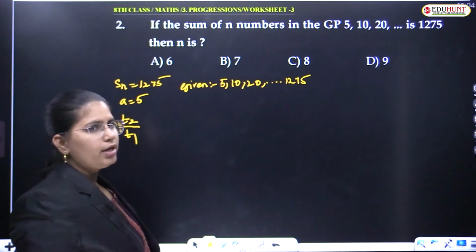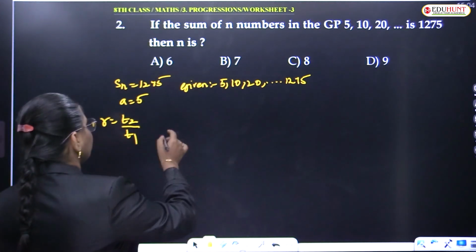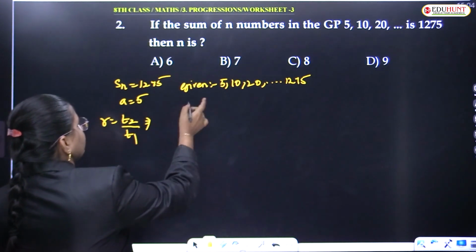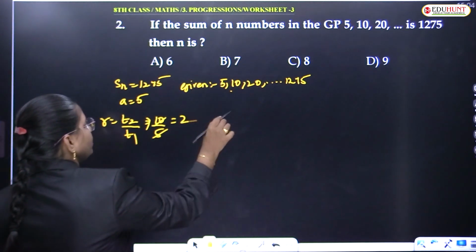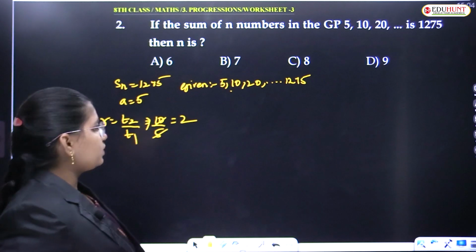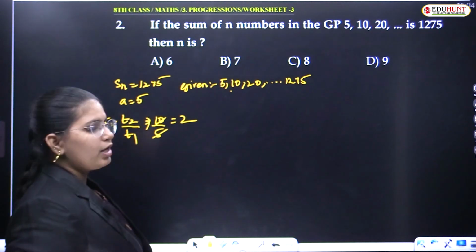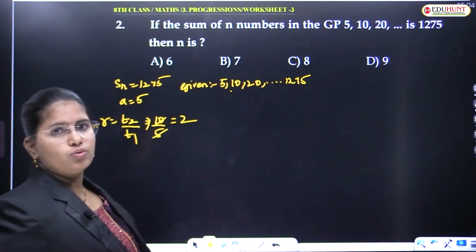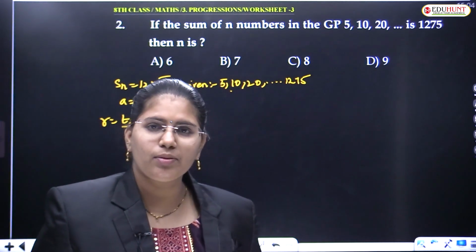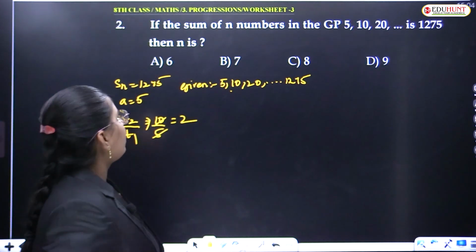R is equal to T2 by T1. T2 is the second term, 10 divided by 5, which is nothing but 2. So A is 5 and R is 2. Understood? Right. So I am just checking.